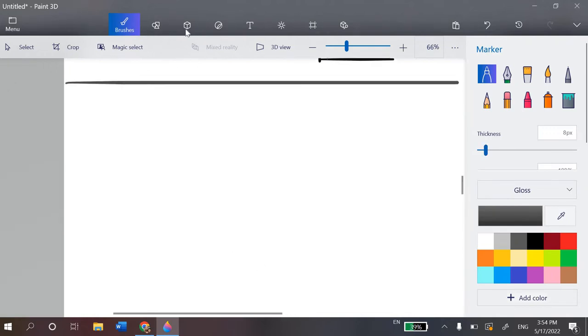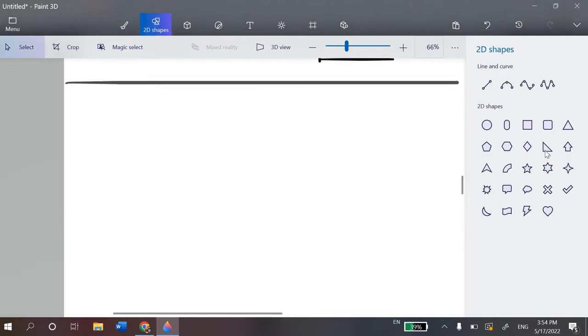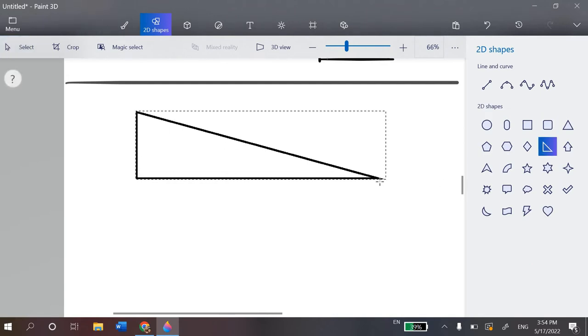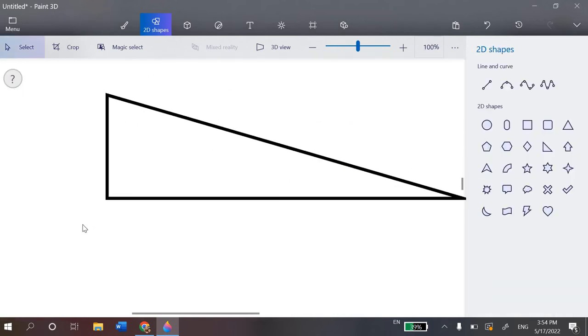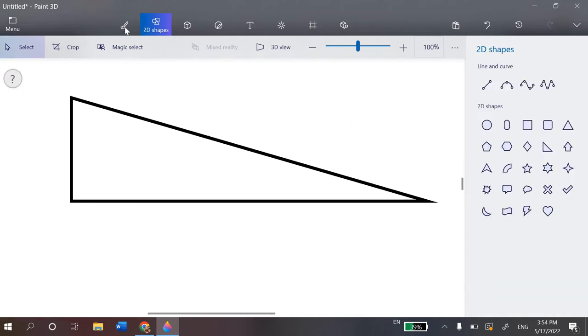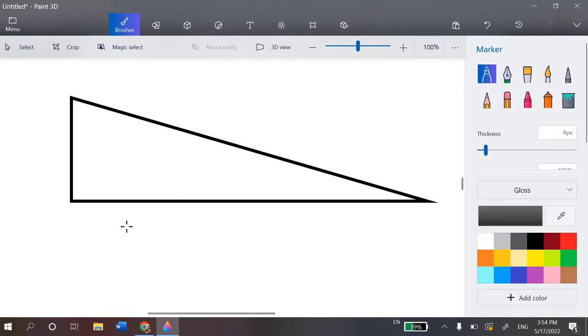Now, in these 90-degree triangles, we have the very important angle, which is the 90-degree angle, as I've said before. And then there's one of the sides that is very important.